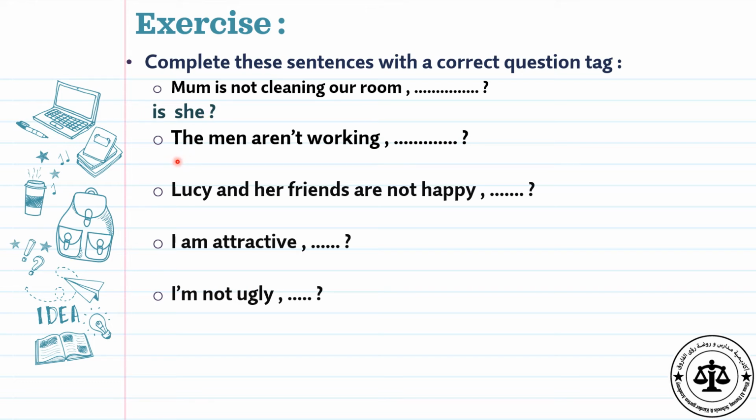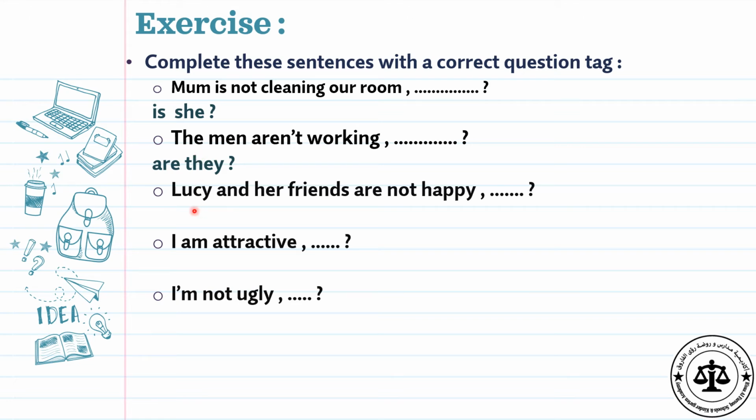Number 2. The men aren't working. Also, we have negative sentence. The men aren't. So the question tag should be in positive. Bravo. The men aren't working, are they? They refers to the men.